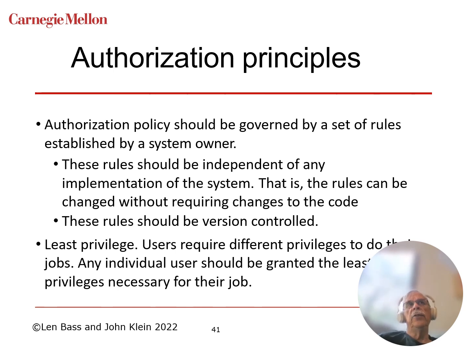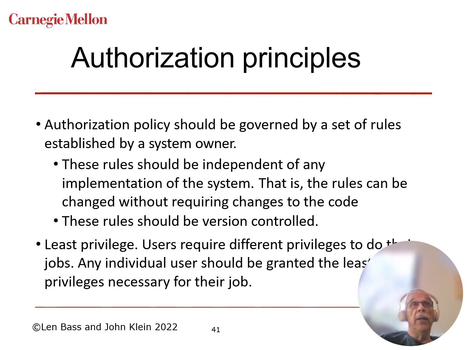Okay, and again, to use the Zoom example, Carnegie Mellon has an account with Zoom. So if you are at Carnegie Mellon, you use the Carnegie Mellon single sign-on mechanism when you want to get to Zoom, and you're given a token that Zoom recognizes, and that allows you to sign on.